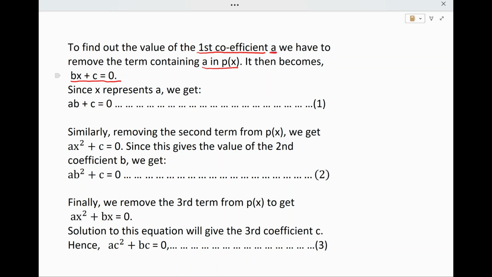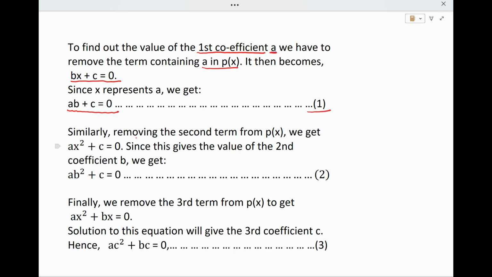This equation will give us a. That means the solution to this equation, when you replace x with a, will give us the value of a. So replacing x by a, we get ab + c = 0. We call it equation 1.